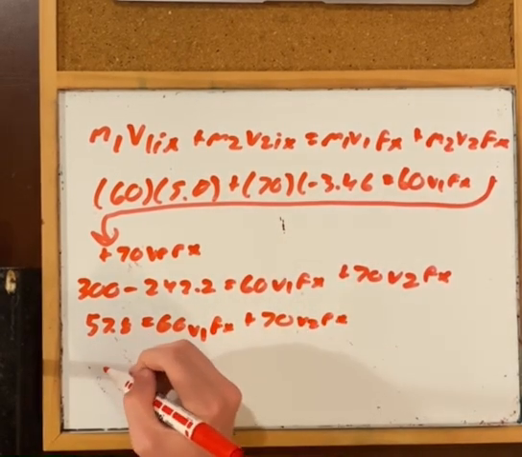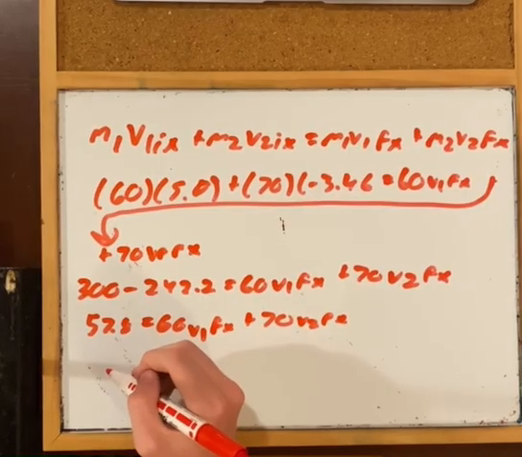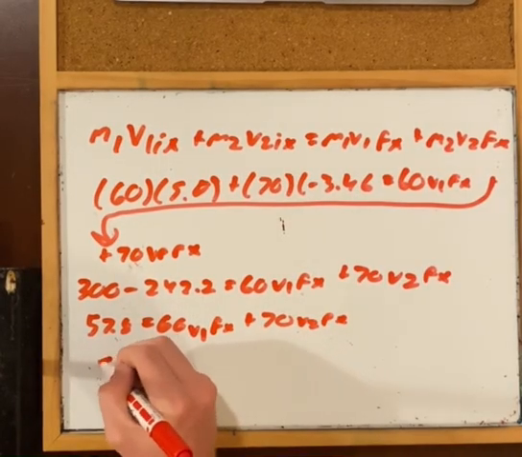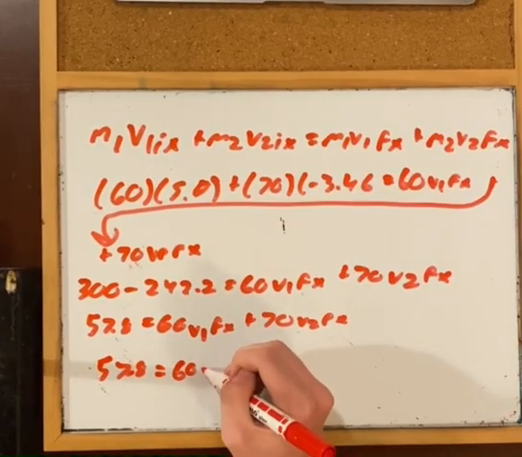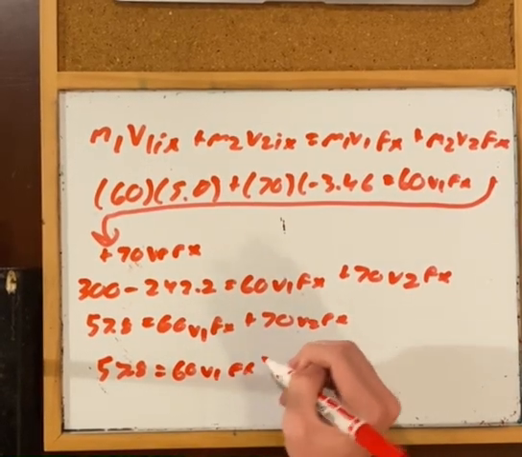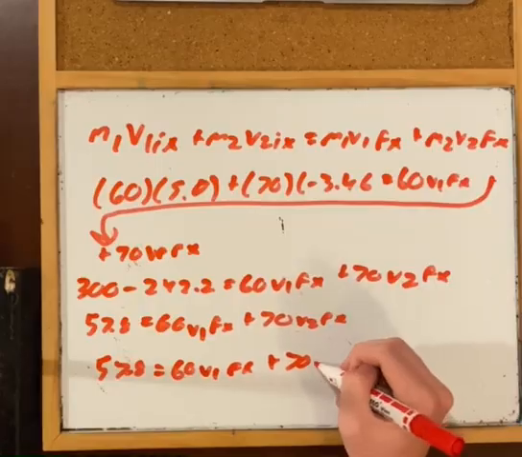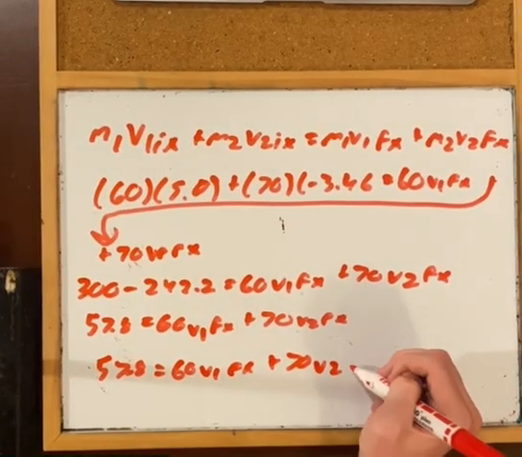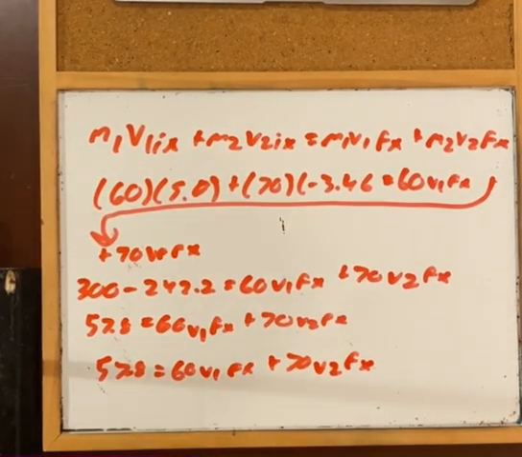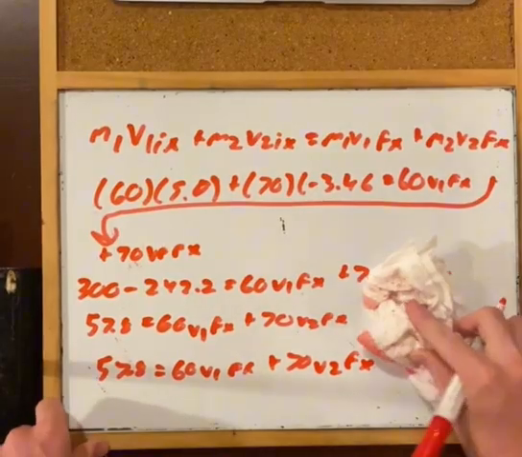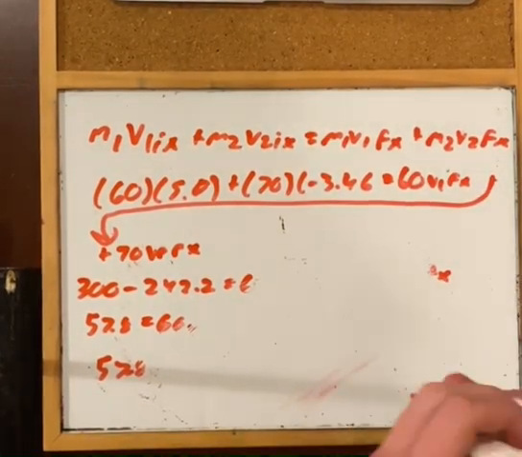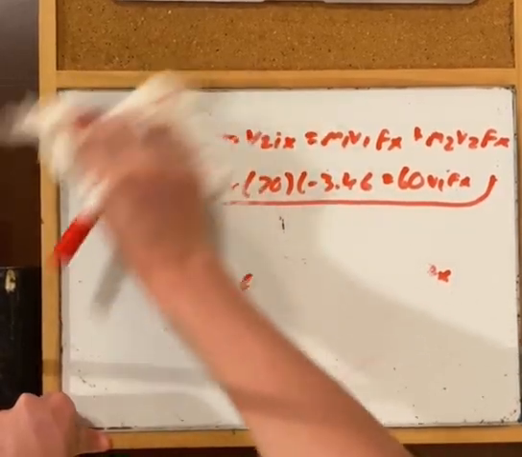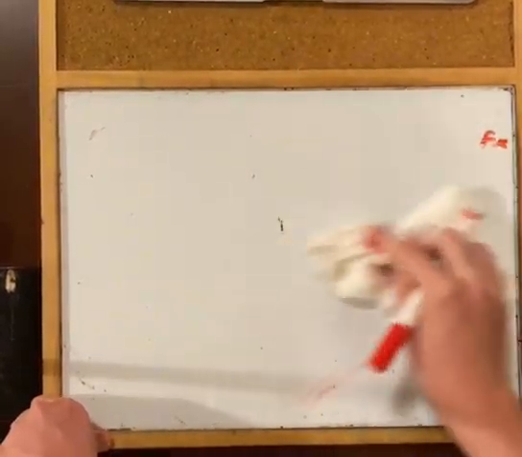Our final answer is going to be just that: 57.8 equals 60 v1 f of x plus 70 v2 f of x. Let's erase this. Okay.